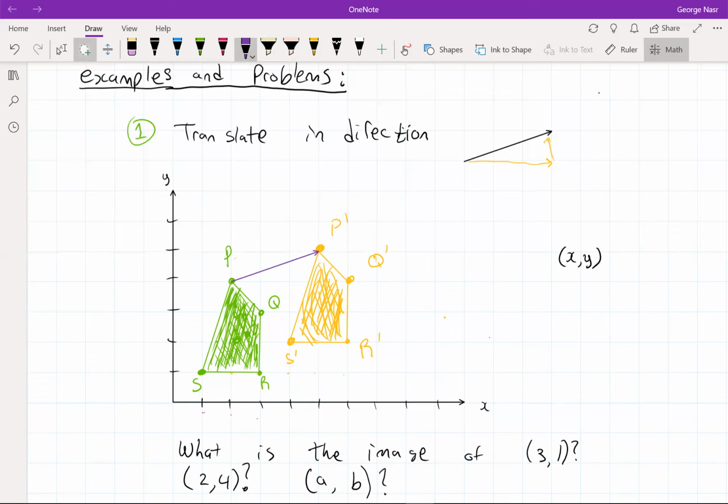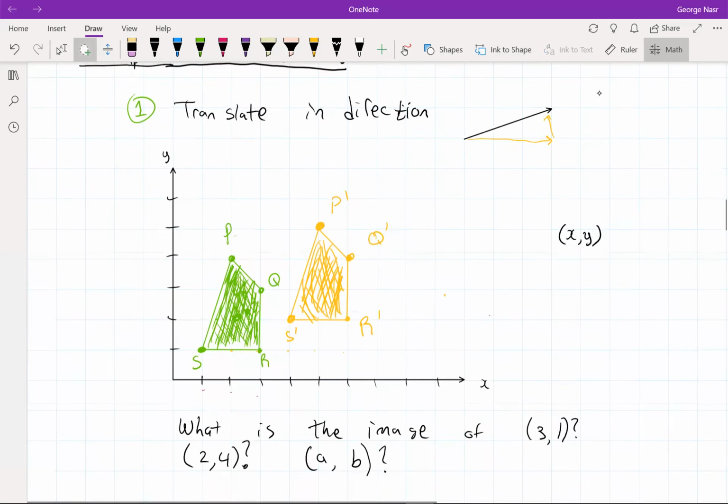So if I was to pick up this arrow, oh, that's too much. It's fine. We don't need it. Okay. Cool. So that's what translation does.